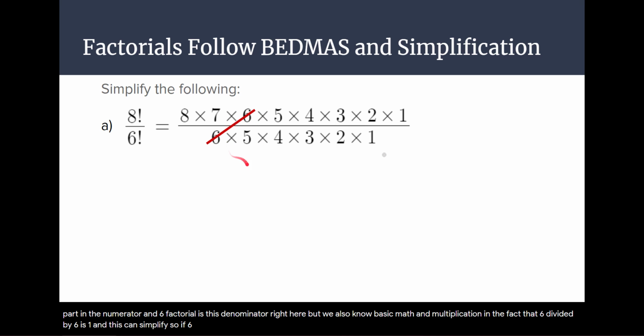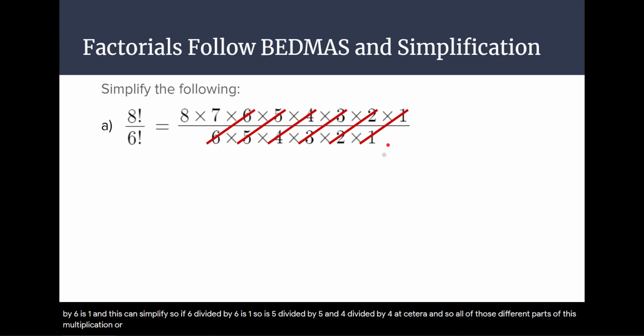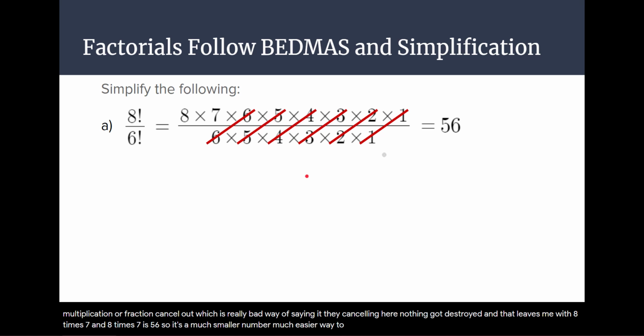So if 6 divided by 6 is 1, so is 5 divided by 5, and 4 divided by 4, etc. And so all of those different parts of this multiplication or fraction cancel out, which is a really bad way of saying it. They divide to 1. There's no actual canceling here. Nothing got destroyed. And that leaves me with 8 times 7, and 8 times 7 is 56. So it's a much smaller number, much easier way to do this. It's more palatable, if you will.